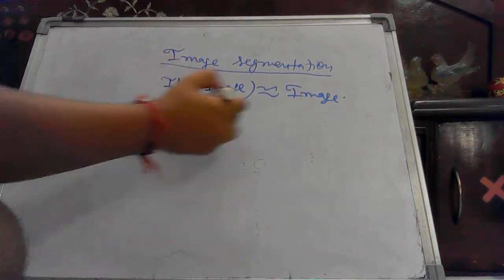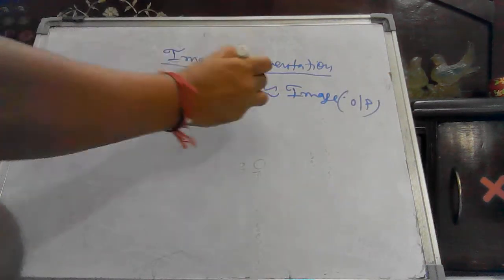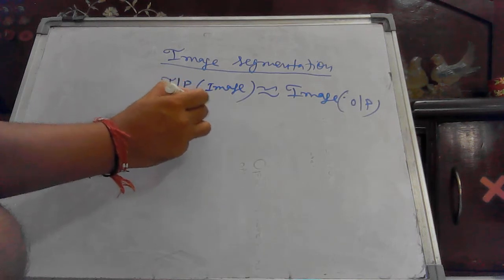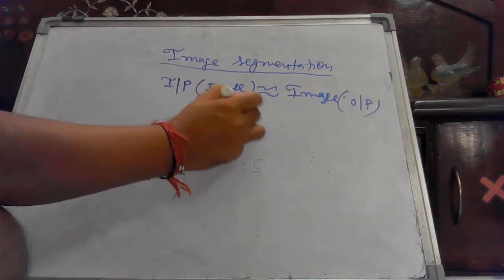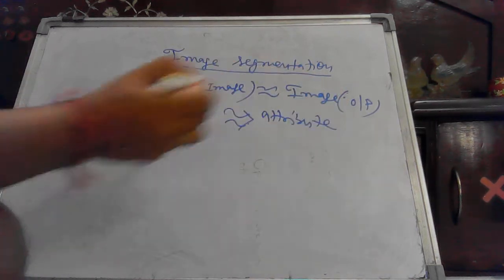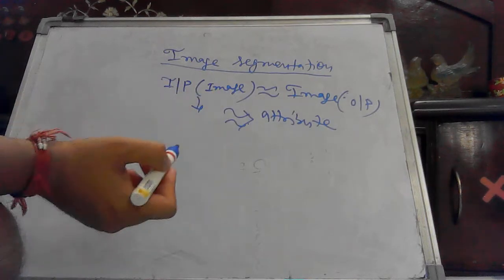You have seen your input was an image and your output was also an image. But in image segmentation, we take an image as input, but we get attributes of the image. We get attributes which are extracted from your input image as an output.